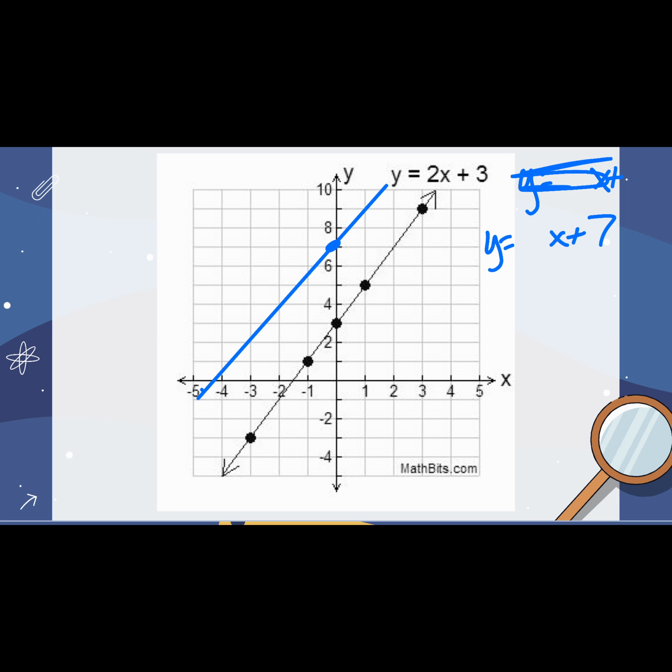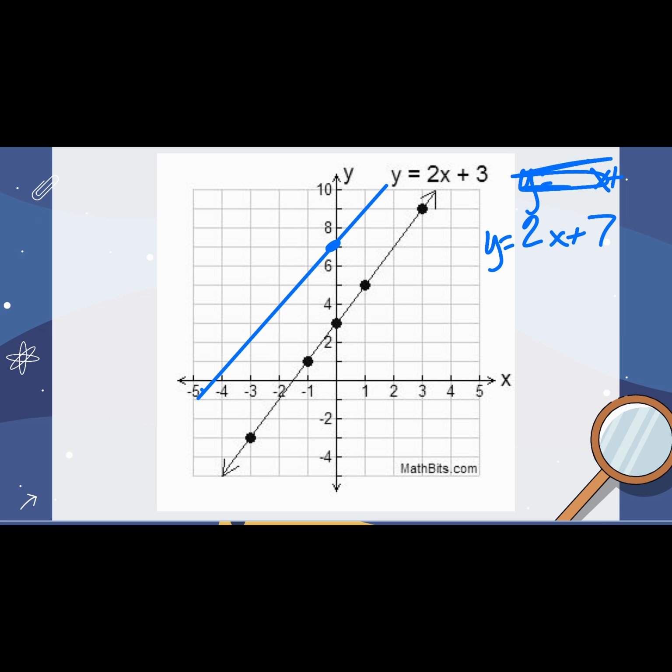So when we're looking at a parallel line, our y-intercept will change. You're right. But what about our slope? Would our slope change? No, it wouldn't. Nice job. Our slope wouldn't change. The lines are parallel, which means that they never hit. So they have to have the same slope in order to never hit.